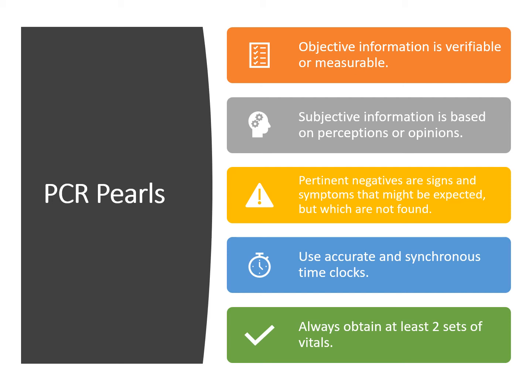A lot of times, an associated symptom we expect with chest pain is shortness of breath, difficulty breathing. So if the patient does not have shortness of breath with their chest pain, I would document that as a pertinent negative.